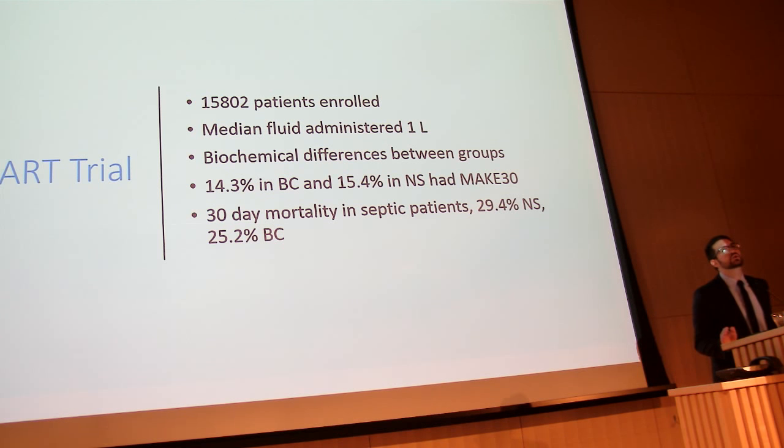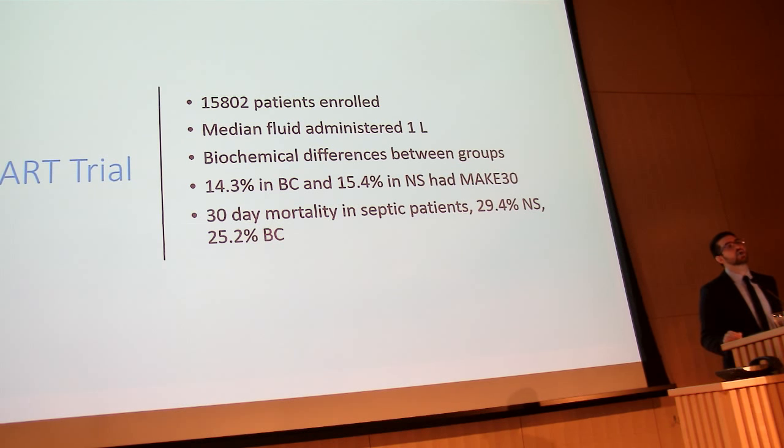In a perfect world, there would be a blinded randomized control trial, and you would look at every single cc of fluid that's going into that patient. There were no other differences that they identified between the patient populations in this trial. So both treatment arms were similar, and I would guess that for these critically ill patients, most of the fluids that they had gotten were before they came to the ICU, and there was obviously a big range of fluids that were given.